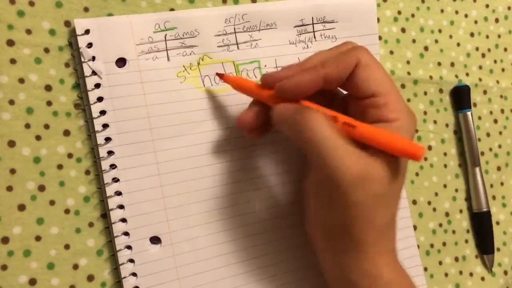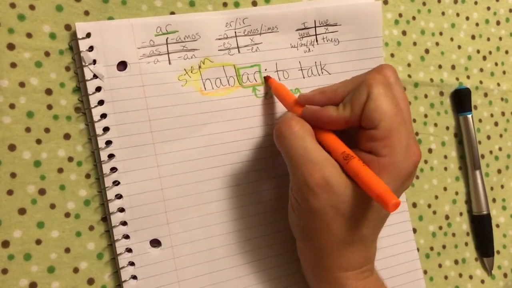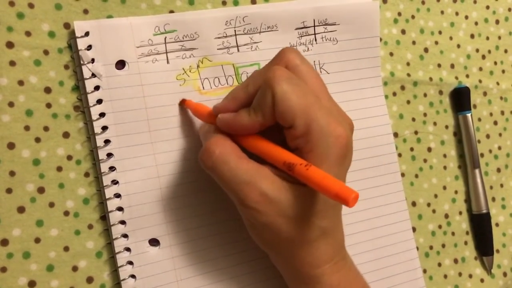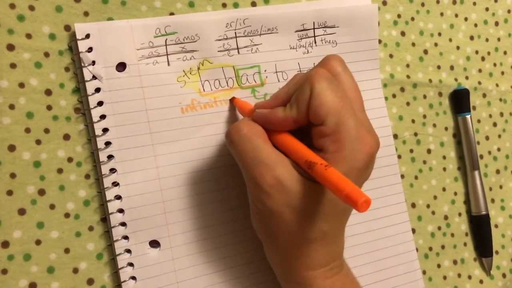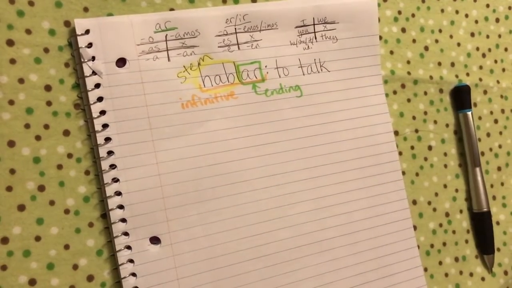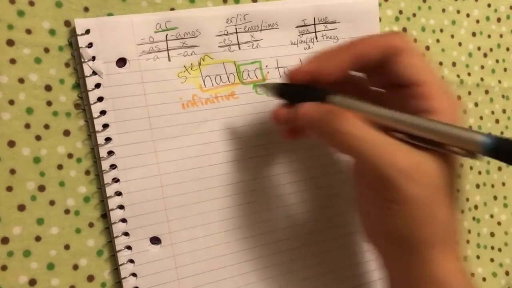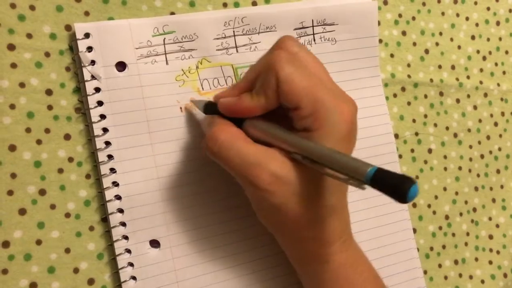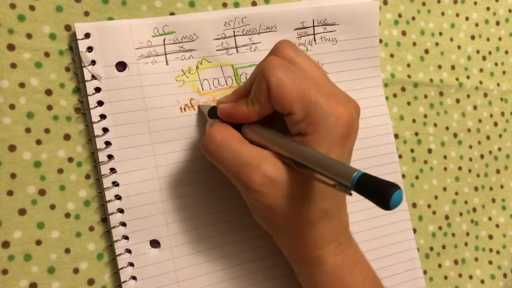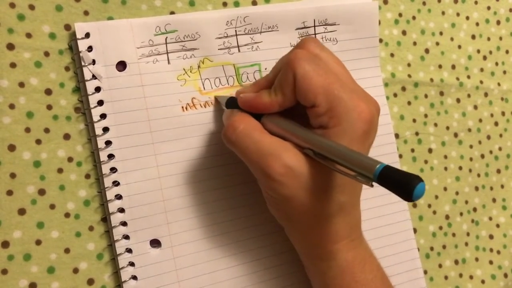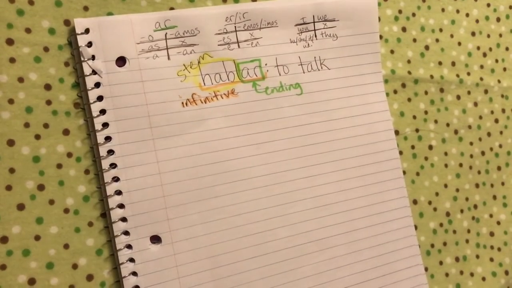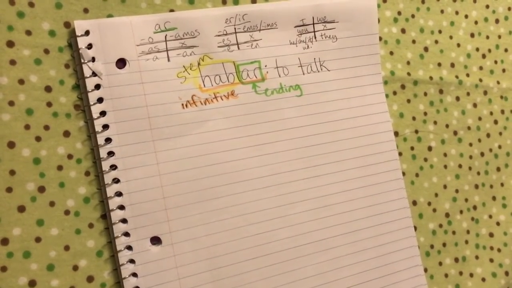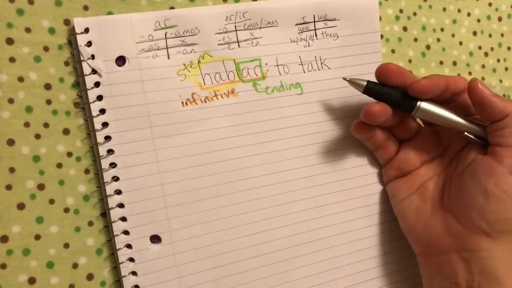And the verb itself, hablar, is an infinitive verb. That means that I know what is being done, but I don't know who's doing it. So when I conjugate a verb, that's where I change it to say who's doing the action of the verb.